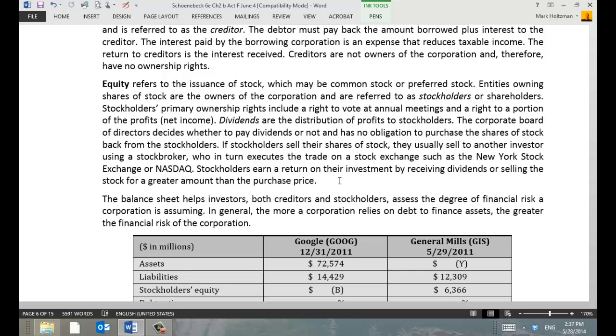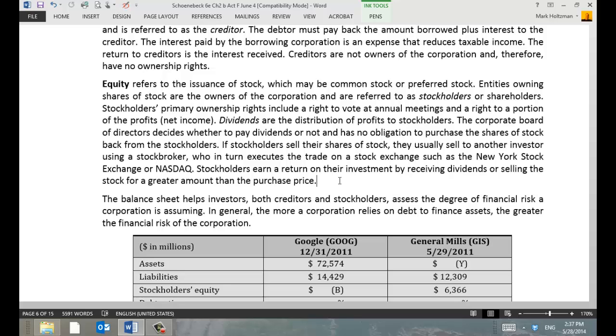Now, what happens is that, if you're going to have dividends, let's say you're an owner, you own 1,000 shares of stock, and you want to raise capital with equity. You bring in another owner, you give them 1,000 shares of stock, and now you're only a 50% partner. If you want to pay yourself dividends, you've got to pay dividends to the other owners also and share that ownership.